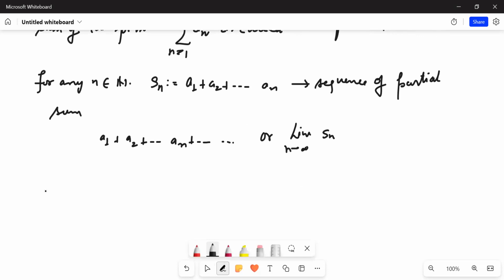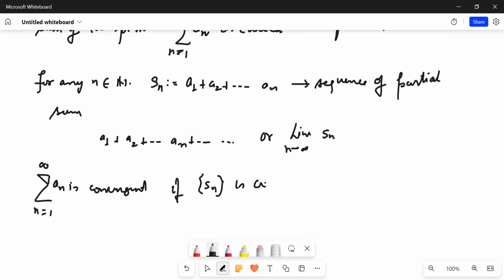In series, we'll say that the series summation n equals 1 to infinity an is convergent if the sequence of partial sums associated with it, that is Sn, is convergent. In such a case, the limiting value of Sn is called the sum of the series.